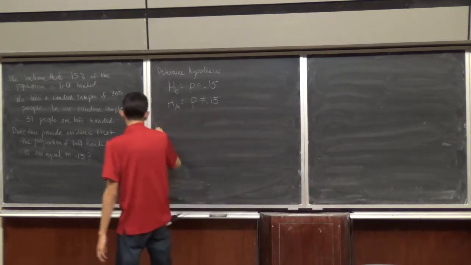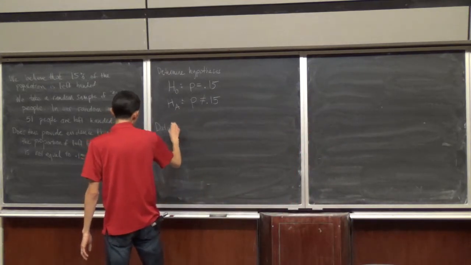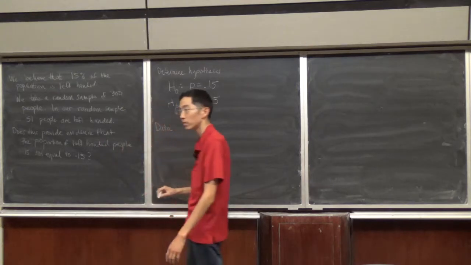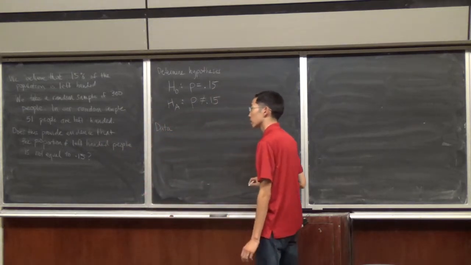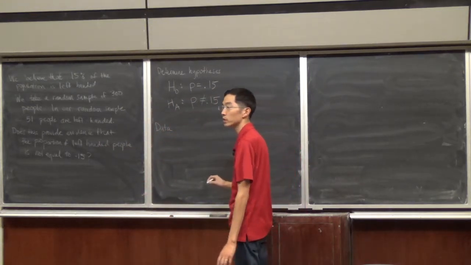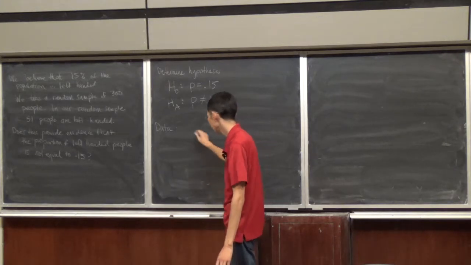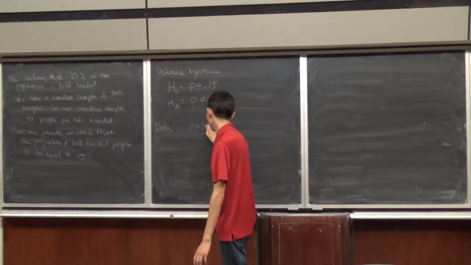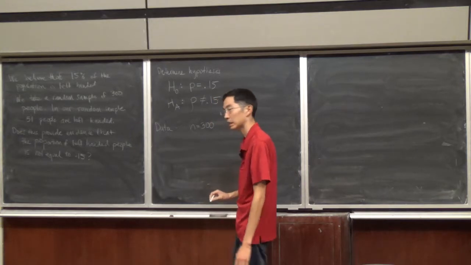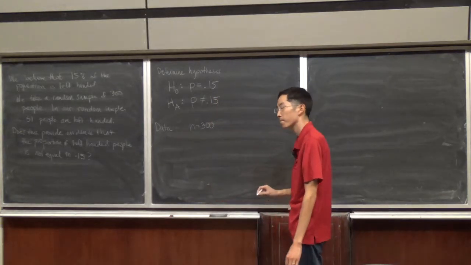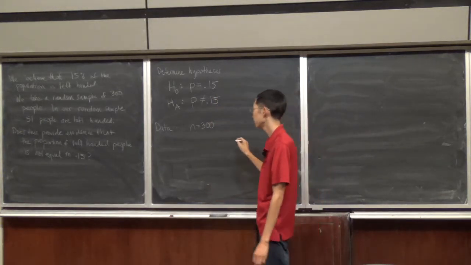Okay, what does our data show? So we look at our data now, and from our data, what do we find? How large is our sample? 300. N is equal to 300. And what is my P hat? P hat is not 51.